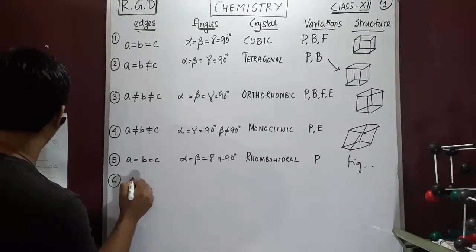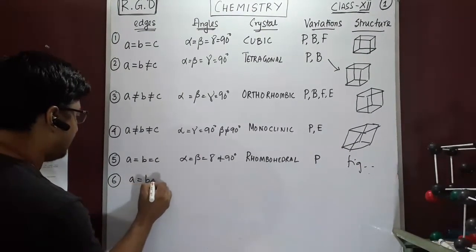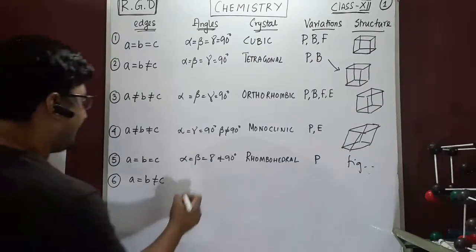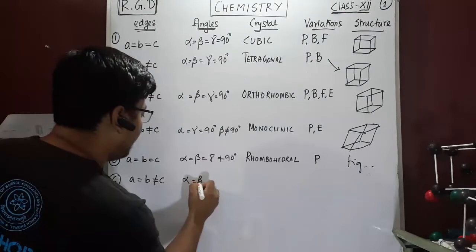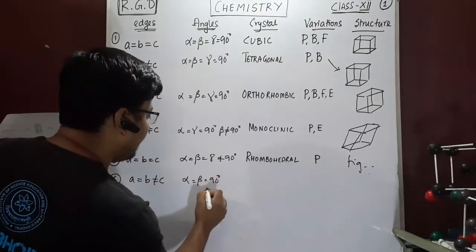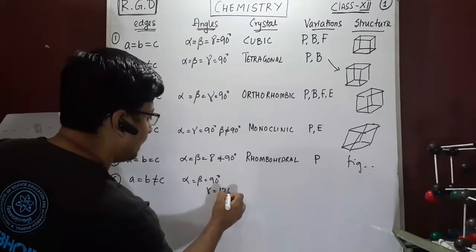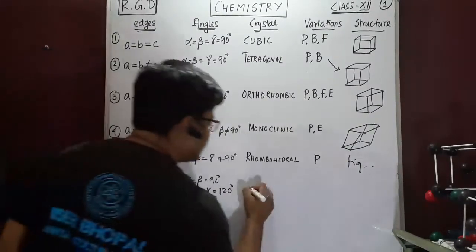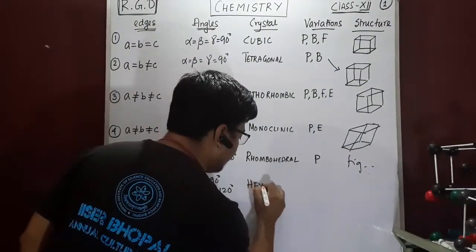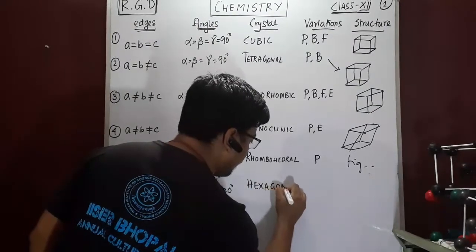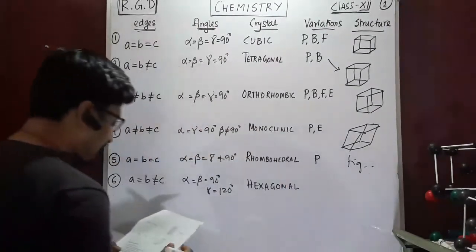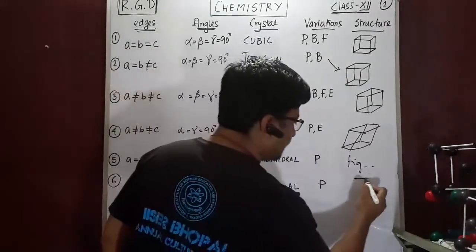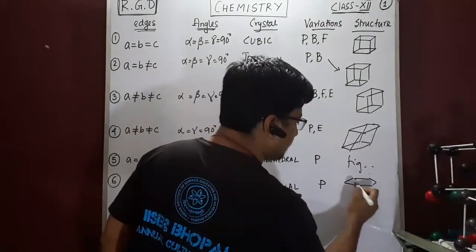Next, you have number six. If your A is equal to B, not equal to C, and alpha is equal to beta is equal to 90 degrees, and your gamma is 120 degrees. Now this kind of system is known as hexagonal, and it possesses only primitive systems.